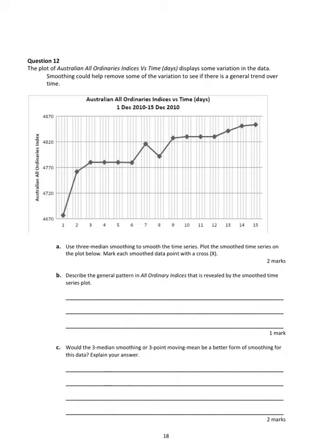So what it wants us to do is some smoothing. Question A, use 3 median smoothing to smooth the time series. Plot a smooth time series on the plot below. Mark each smooth data point with a cross X. If we're doing median smoothing, we want the middle number, and it's 3 median.